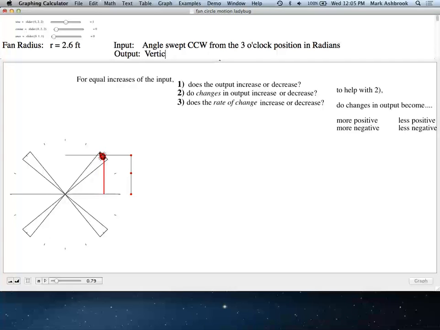So that's going to be the output of this function that we're creating. And that was in feet. So the number of feet that the bug is above the horizontal diameter as the angle changes, obviously, as the angle changes.